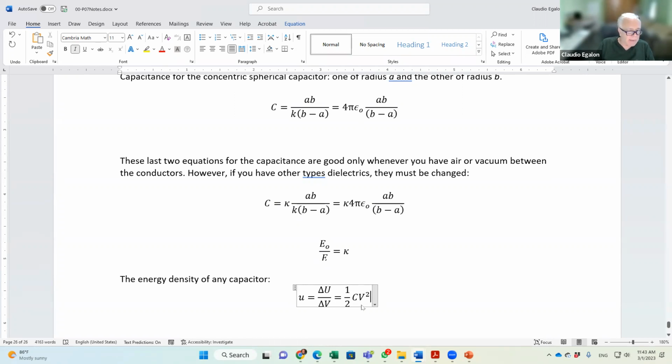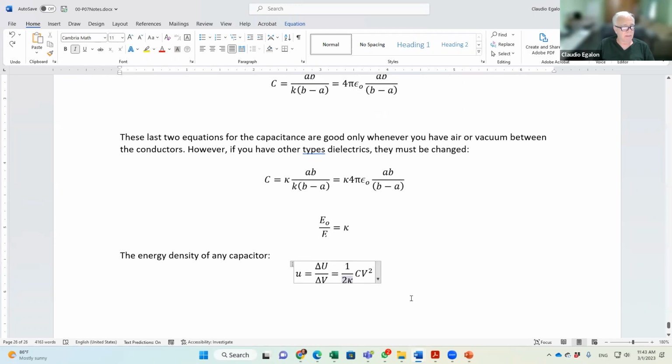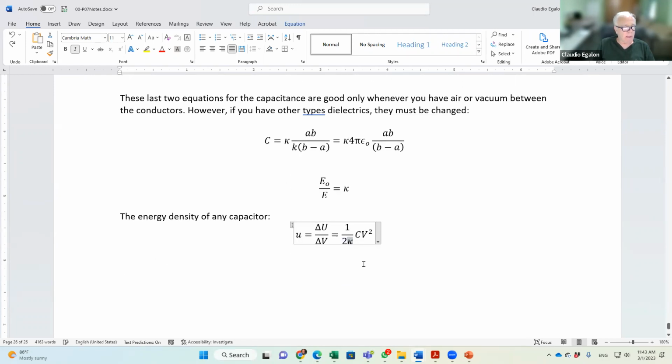If you have a dielectric in between, then you have to divide by the kappa constant. Remember, this kappa is one for air and vacuum.